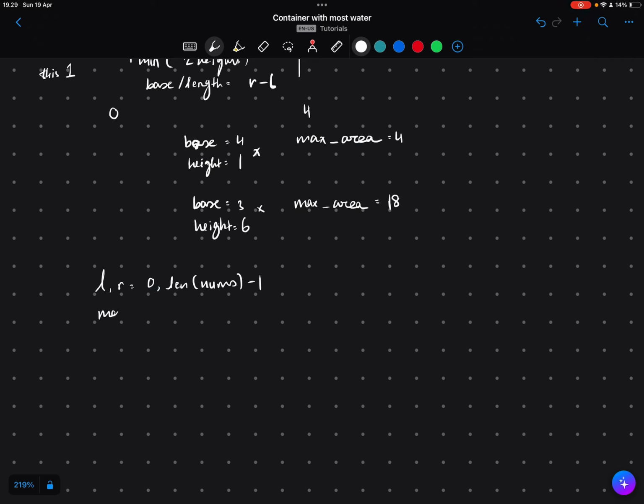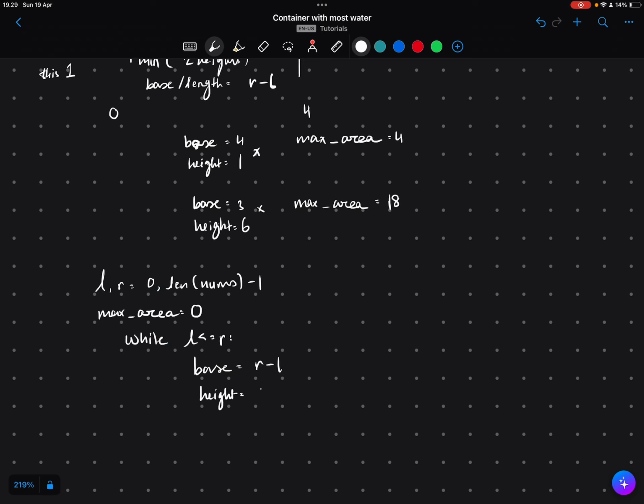This might sound a bit complicated, but if you consider max area, and you write while L is less than or equal to R, we can say the width, or the base in this case, is going to be R minus L, because R is the one that starts ahead.